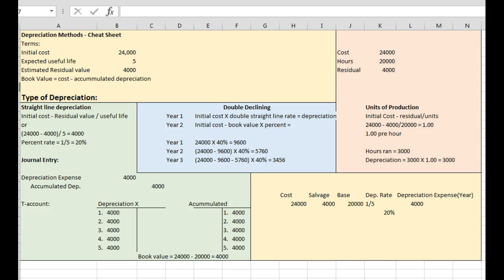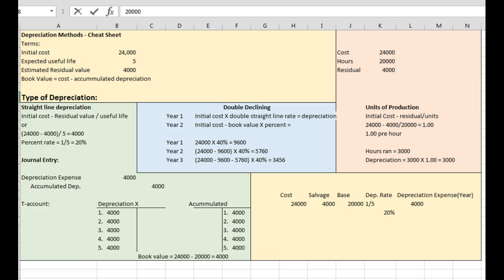But now it has accumulated depreciation that sits underneath of it of $4,000. So the true book value that shows for that equipment is $20,000.